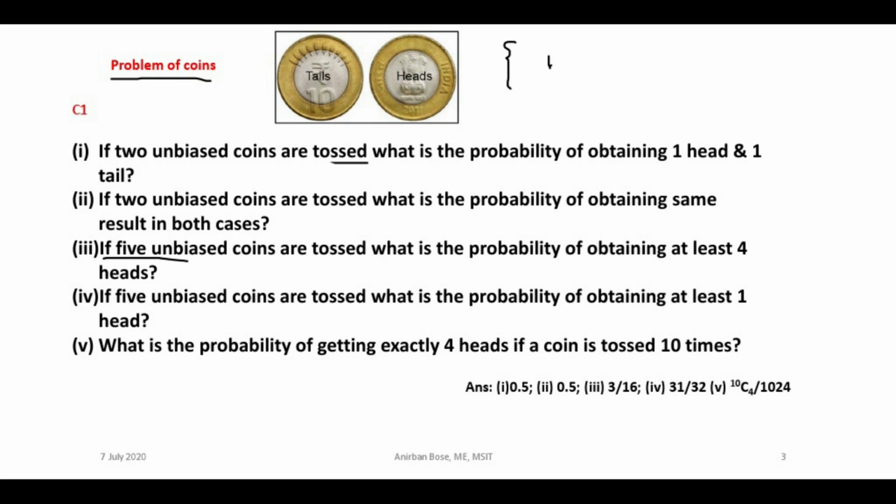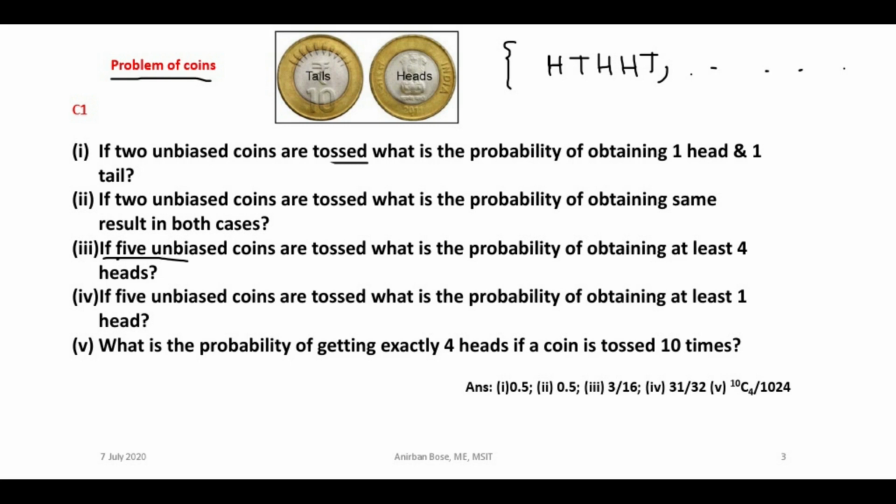Maybe one of the elements will be head, tail, head, tail, because there are 5 unbiased coins. There may be other such elements, groups of 5. So now you have to use the concept of permutation and combination to find the total number of possible outcomes or the favorable cases.